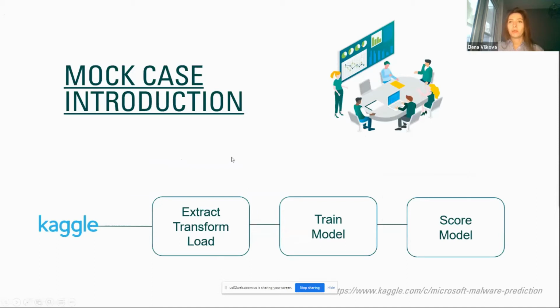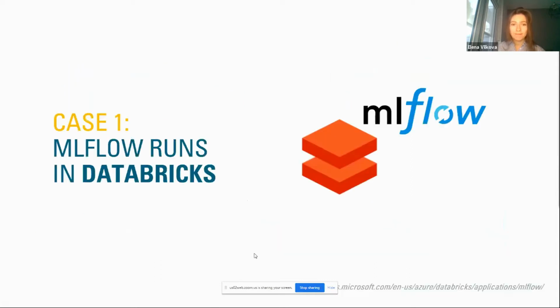And then we go to the main part, train and score. Today we will focus on train and score. That's why I already prepared all the data, just not to spend much time on that. And I think we can move on to the first case.